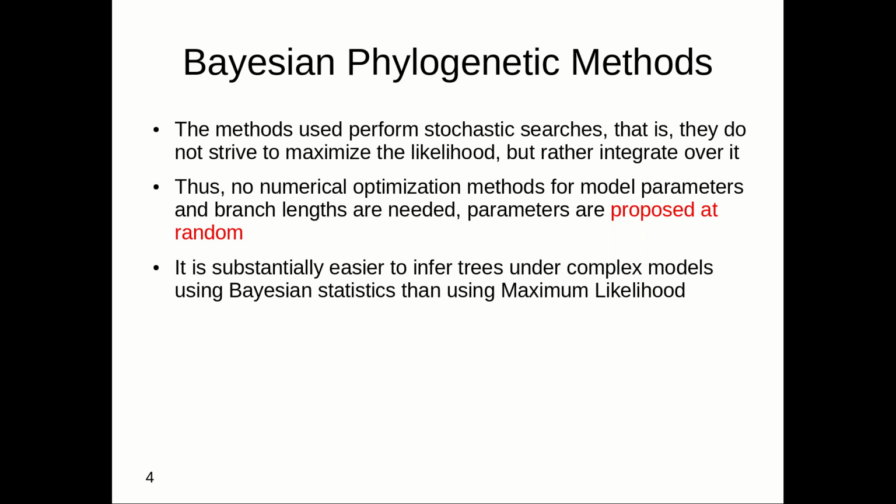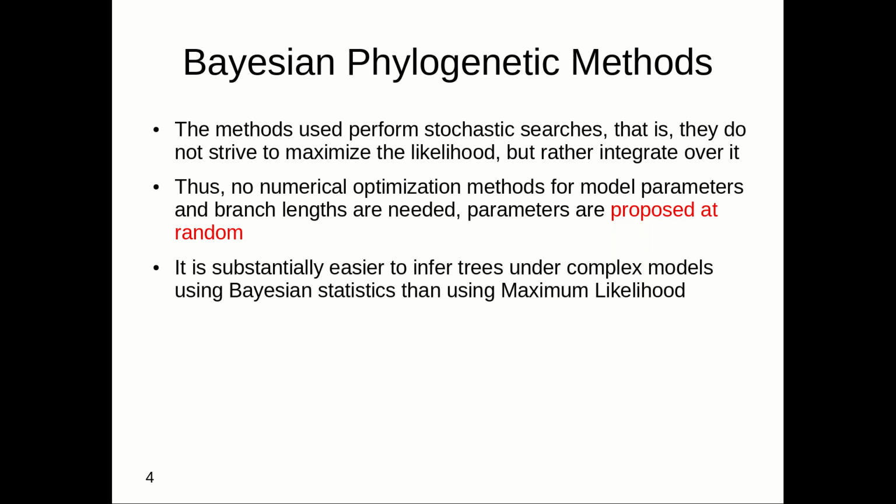As a consequence of those stochastic or randomized searches, no numerical optimization methods for optimizing the model parameters and the branch lengths are needed, which makes implementation easier because implementing numerical optimization routines is difficult. So basically, all parameters in a Bayesian phylogenetic inference are proposed at random.